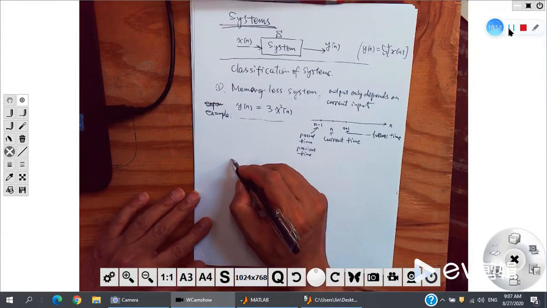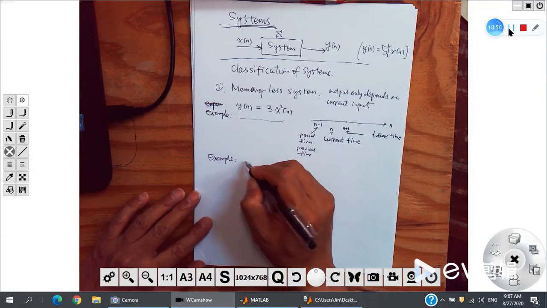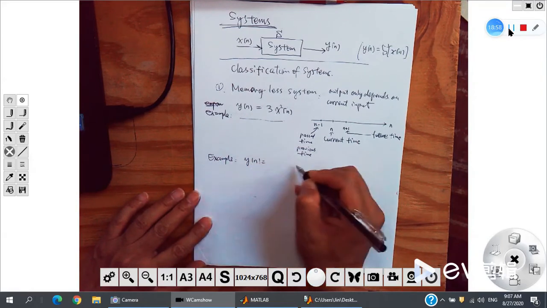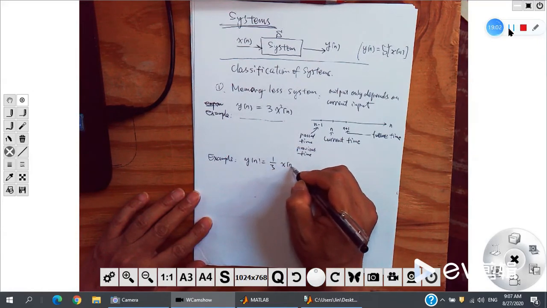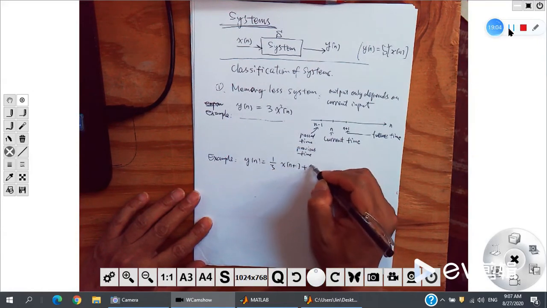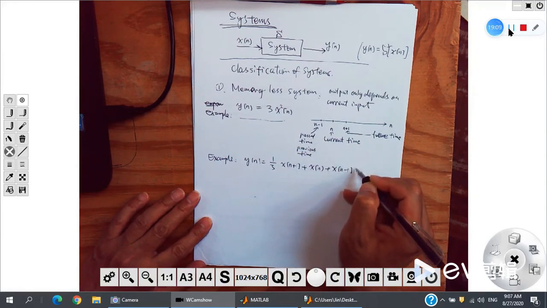And another example. You see y of n equals, for example, 1/3 times x of n plus 1 plus x of n plus x of n minus 1.